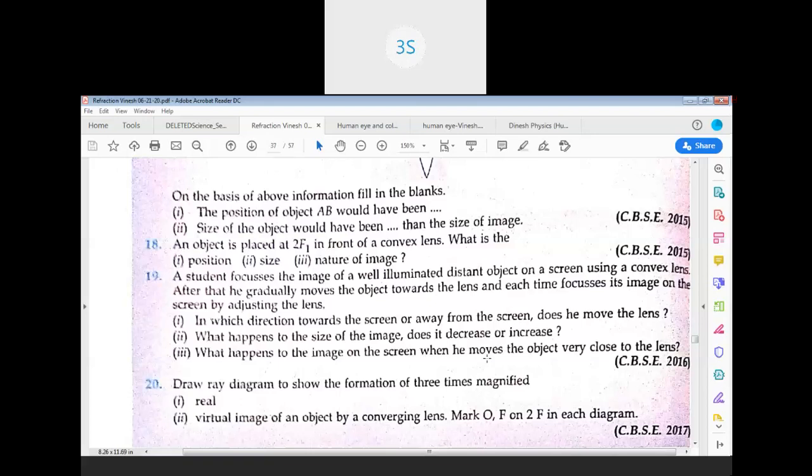So what he is doing, the student is moving the lens towards the screen. If you move the lens towards the screen, what is happening? Object distance is increasing, so the size of the image decreases.